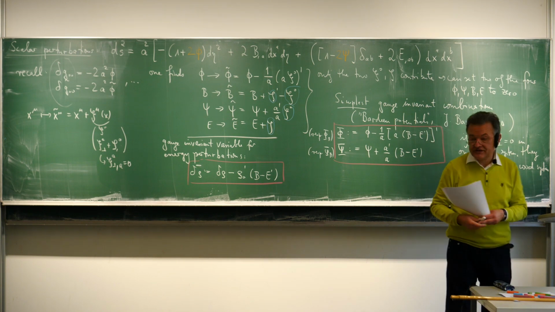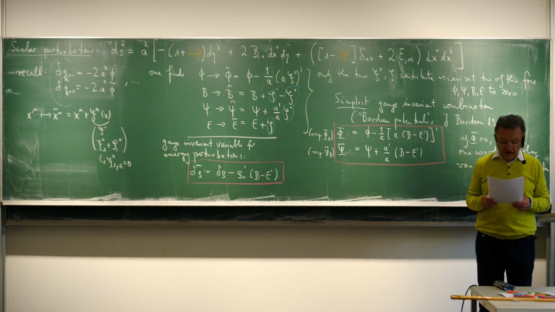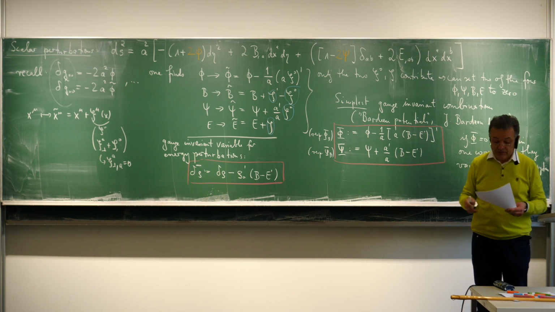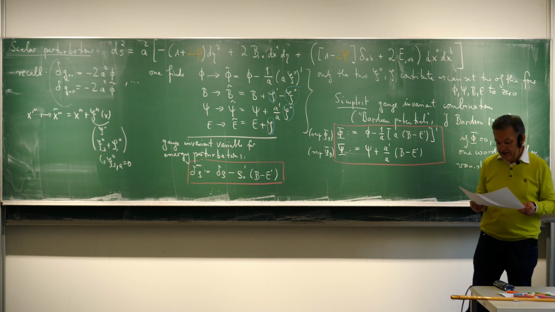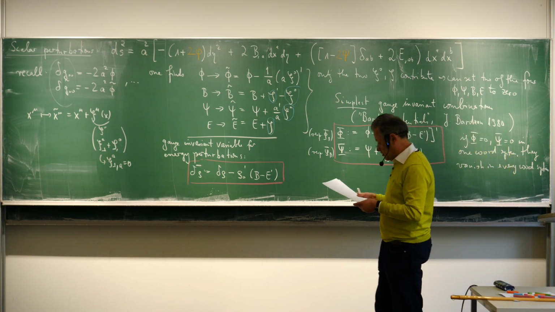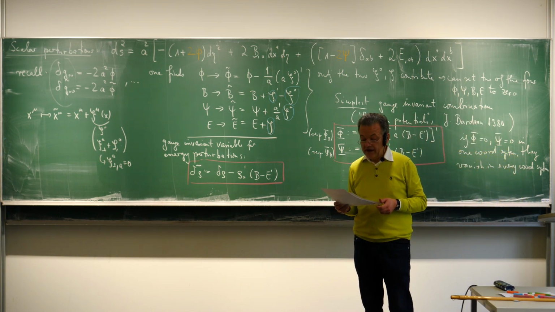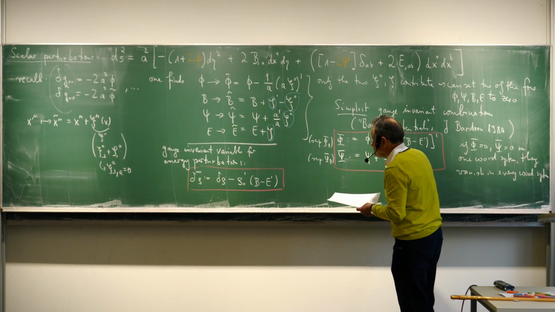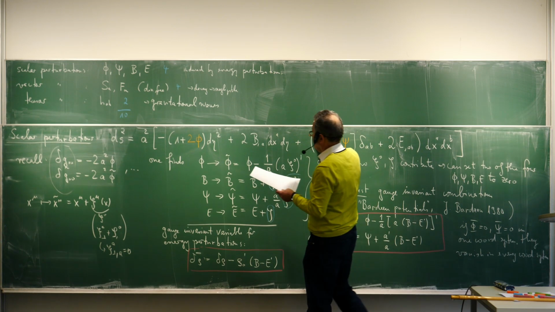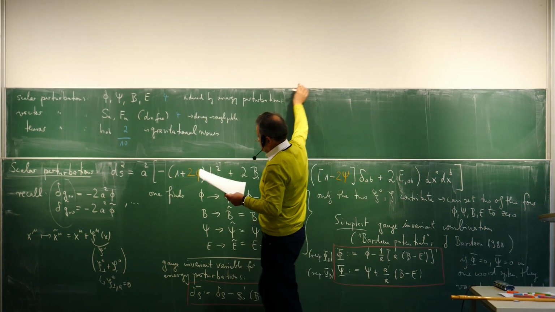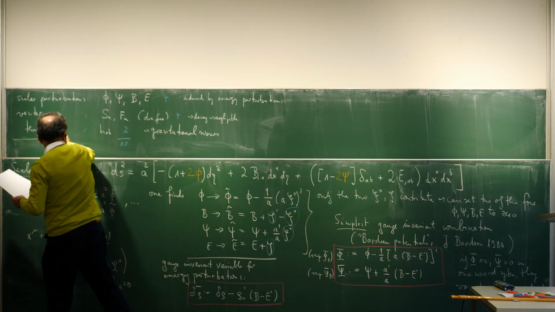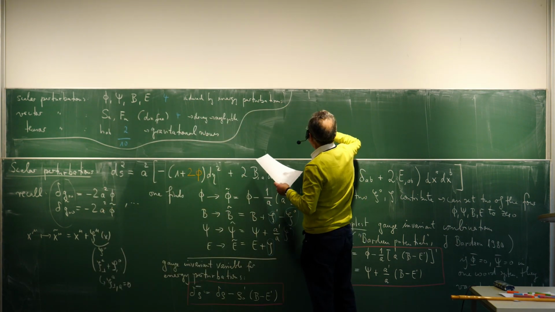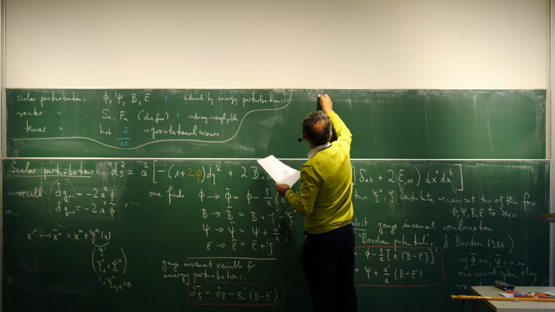Nevertheless, in spite of this advantage, it's often useful to work in particular coordinate systems, to work in particular gauges. The two most prominent ones are called the longitudinal and the synchronous gauge. So let me discuss them. So we have particular coordinate systems.